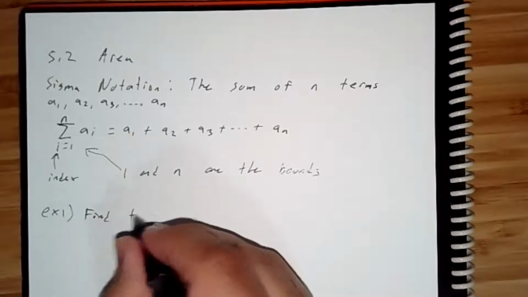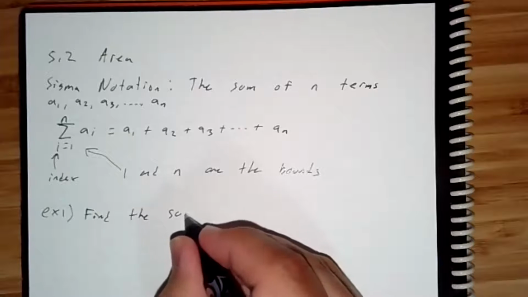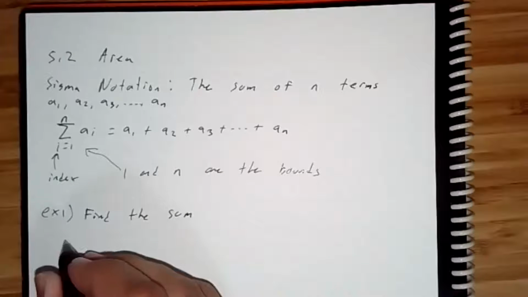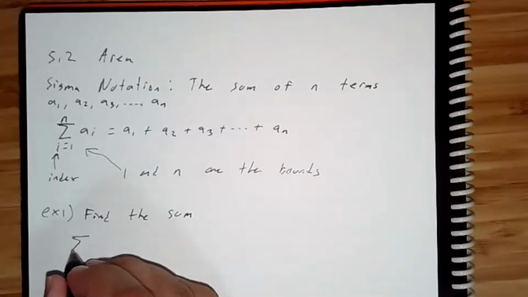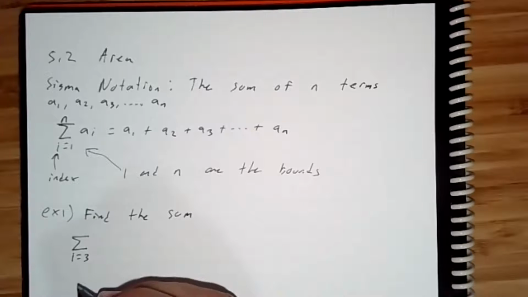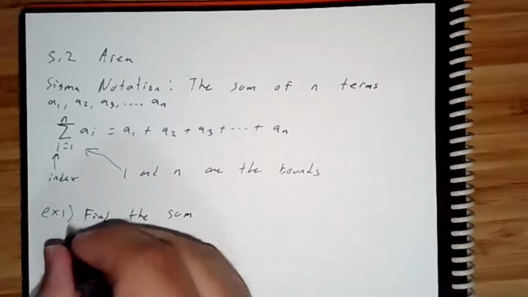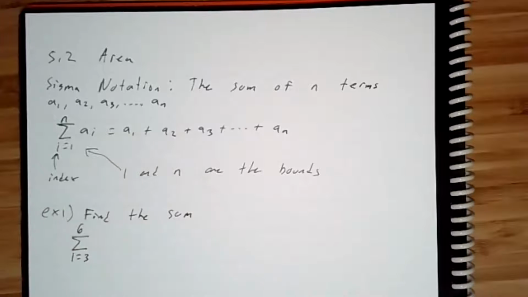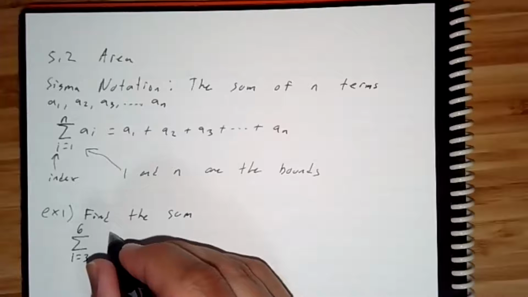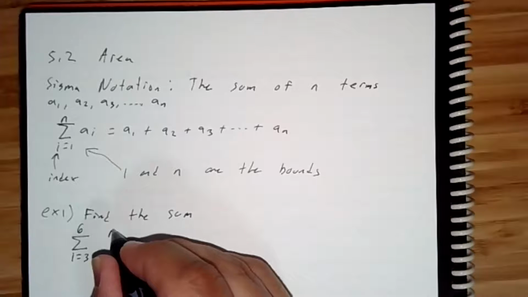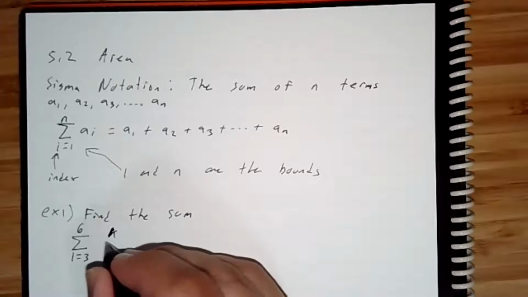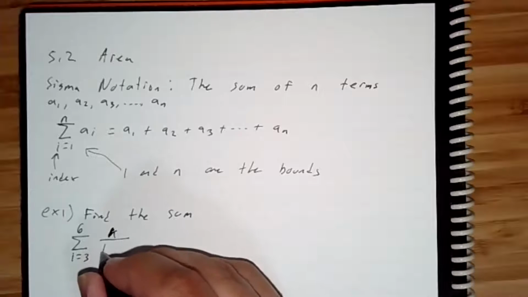Find the sum from i equals 3 to 6 of, let's use k, k over k plus 2.